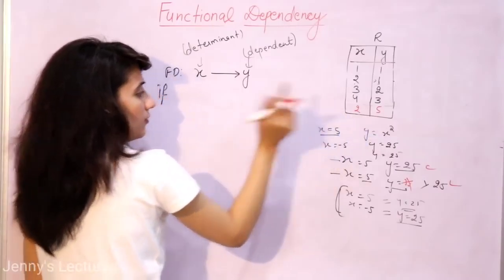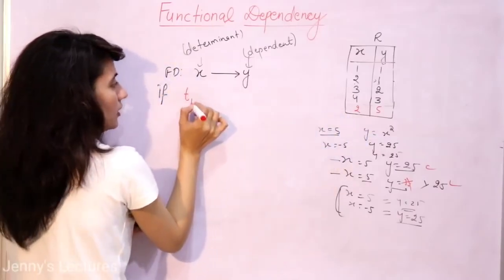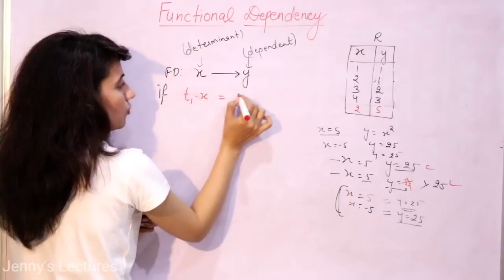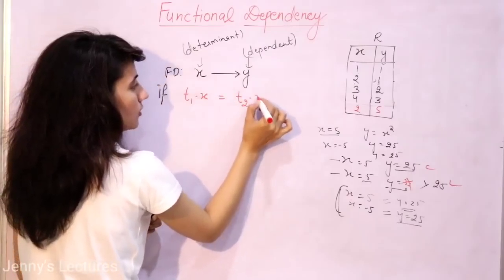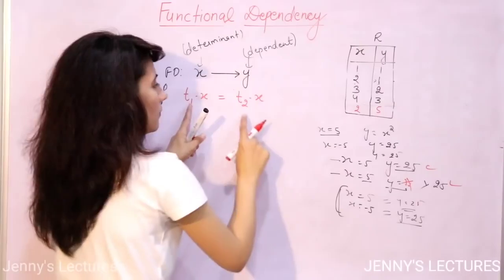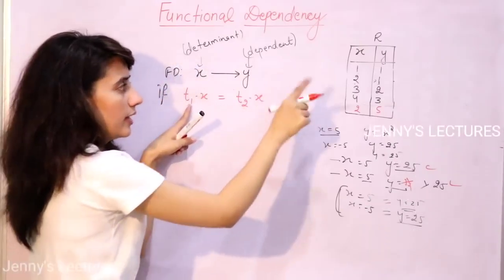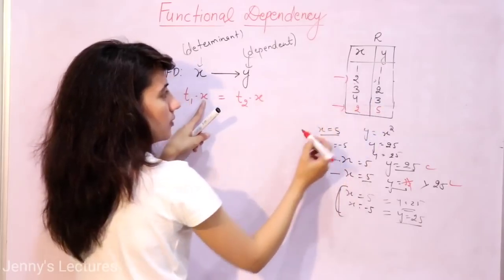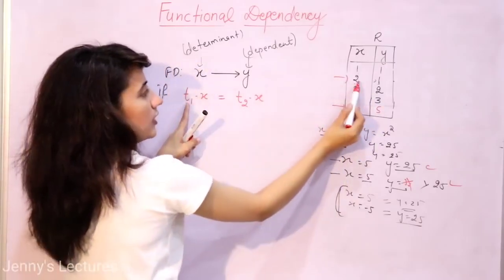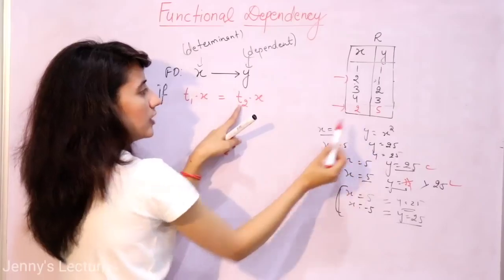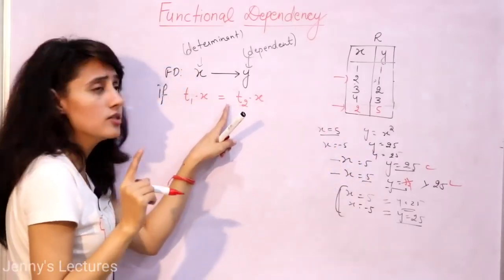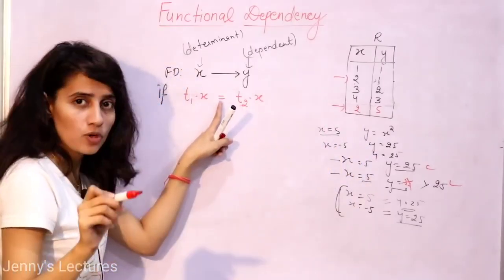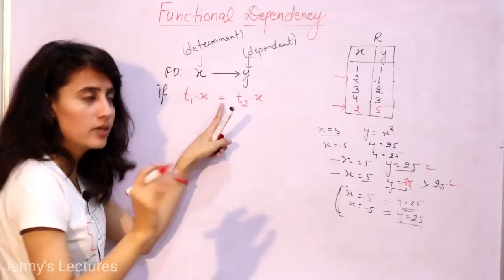So now if in two tuples t1 dot x equal to t2 dot x, fine. Here t1 and t2 mean any two tuples and x means x values. Like suppose I am taking this tuple and this tuple. t1 dot x is 2, t2 dot x is also 2, right? If this is the situation, see this is not an assignment operator, I am comparing the values, right?